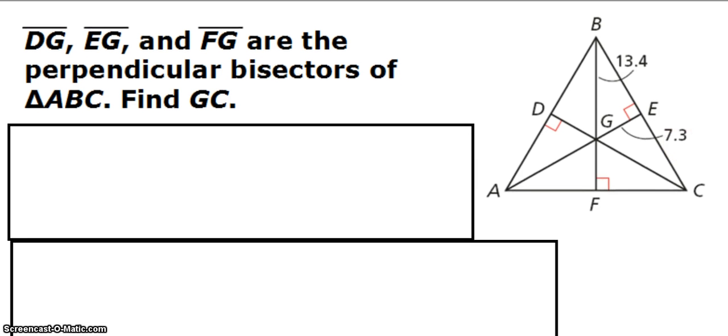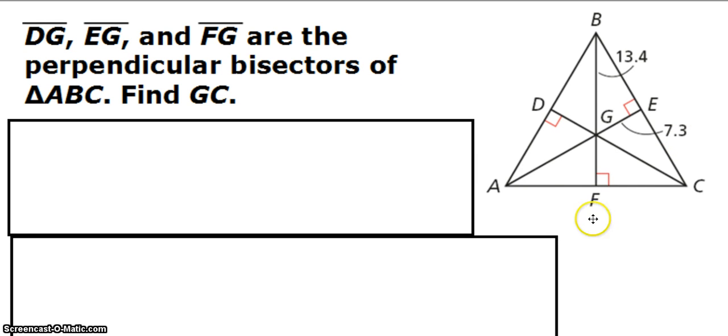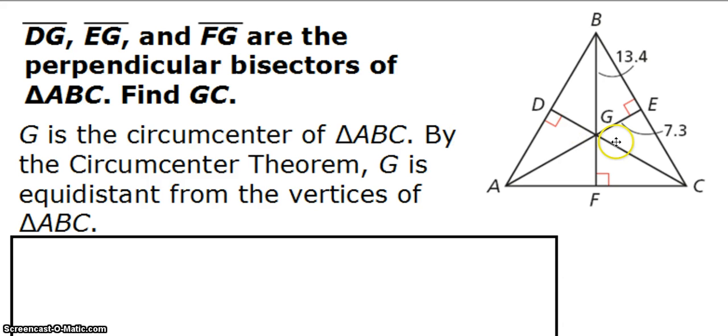We have segments DG, EG, and FG as perpendicular bisectors of this triangle ABC. So find GC. By definition, point G is called what? The circumcenter, because the circumcenter is the point that is given when the perpendicular bisectors intersect. So we have G, the circumcenter, and we know that the circumcenter is equidistant from each vertex.